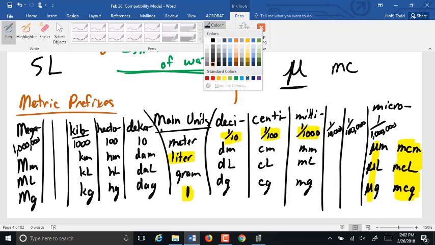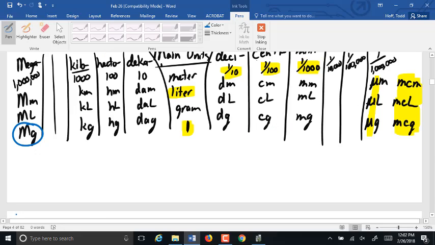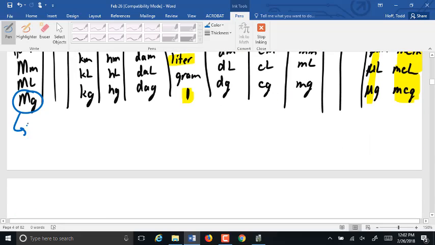Now, before we start talking about conversions, I want to make a few notes here. First of all, the megagram is 1,000,000 grams or 1,000 kilograms.